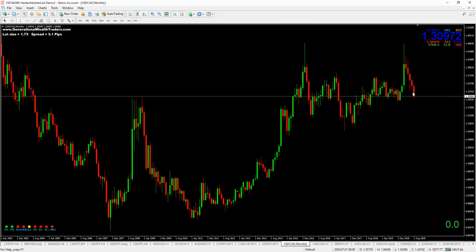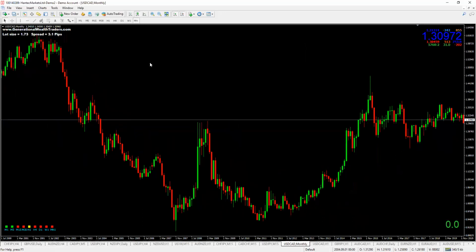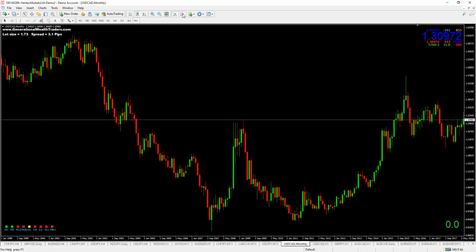Now, even from where we are, we can see the history of previous months, because this is the monthly time frame. It means every candle took 1 month to develop. The furthest we can go here is that bit.